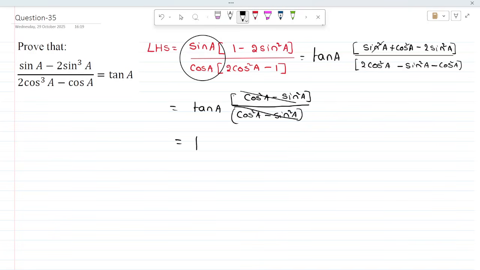What is your answer? If you observe properly, sin A by cos A, tan A has come. That means they should get cancelled, right? Don't cancel. If you cancel, they will not give marks. You should cancel only if they are exactly the same. They are not exactly the same. Understand? Yes.